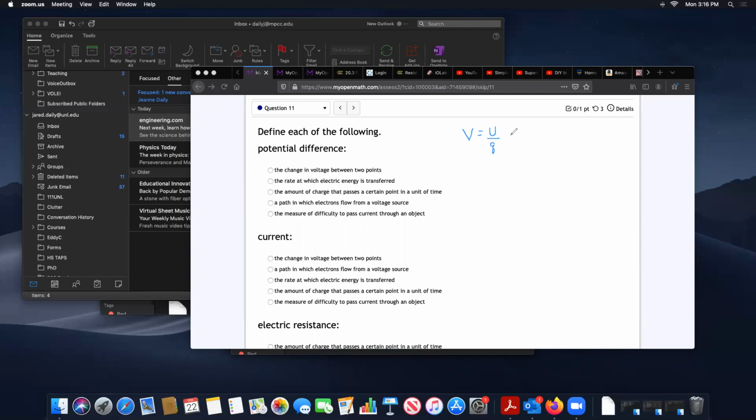Well, I don't want to just tell you the answers, but there is a clue in these: two of the answers in this group are actually the answers to this one and this one. So I think the best bet is to just go look up potential difference in your book. Go search for that phrase and read what the definition is. Go search what current is, right? Go search what electric resistance is.